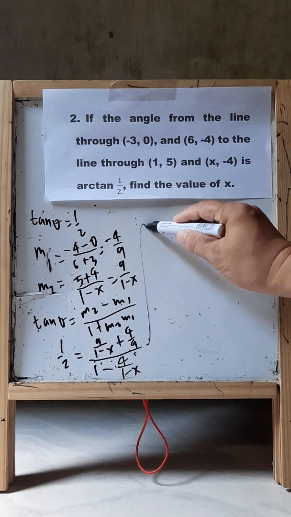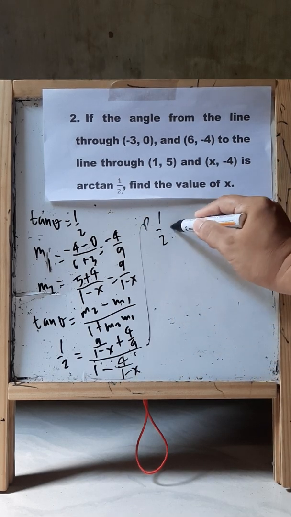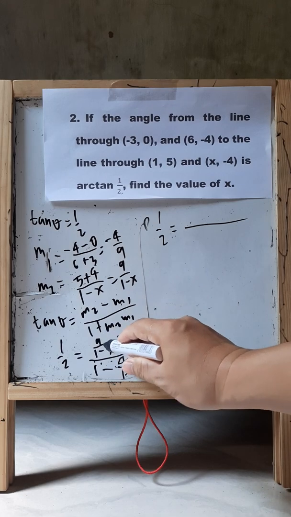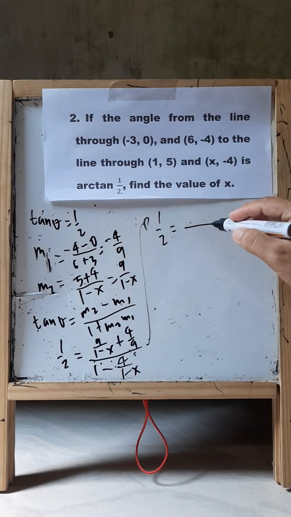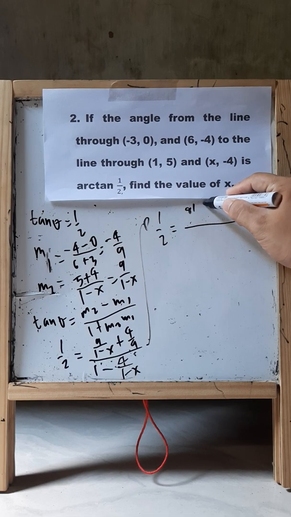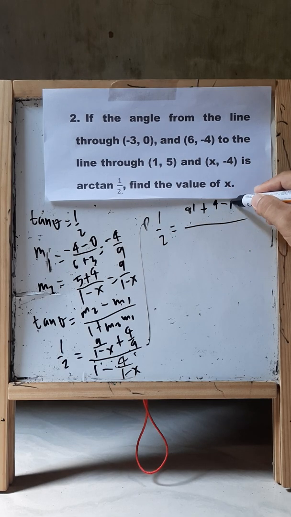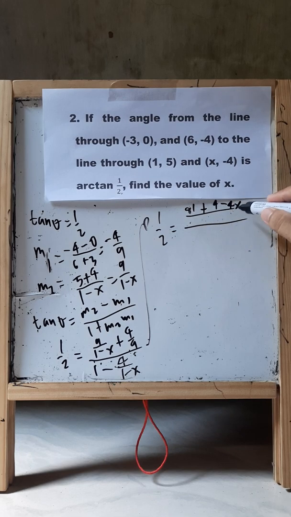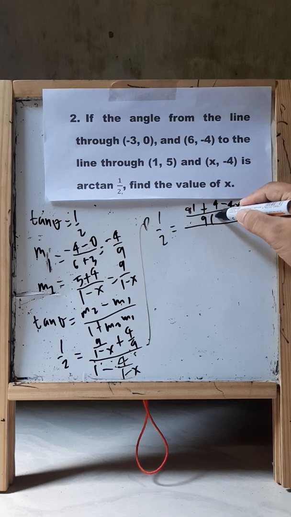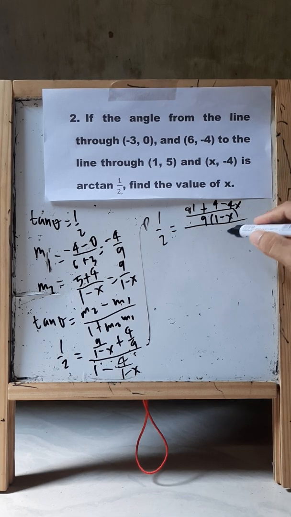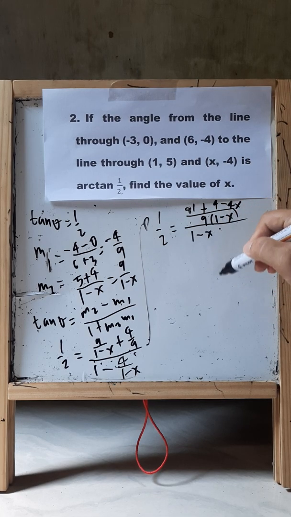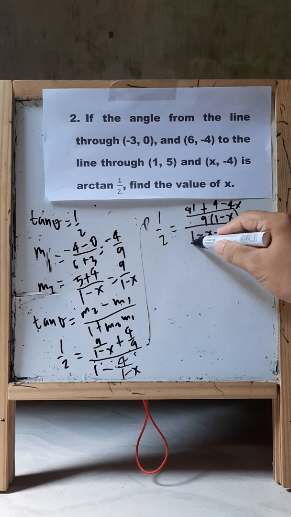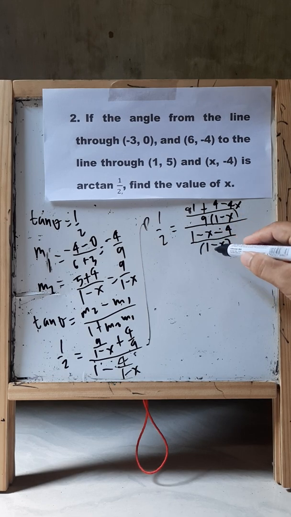So let's continue in this part. 1/2 equals, let's add 9 over 1 minus x and 4 over 9. We have 81 plus 4 minus 4x over 9 times 1 minus x. Ito naman sa baba, 1 minus x minus 4 over 1 minus x. So we can cancel 1 minus x.